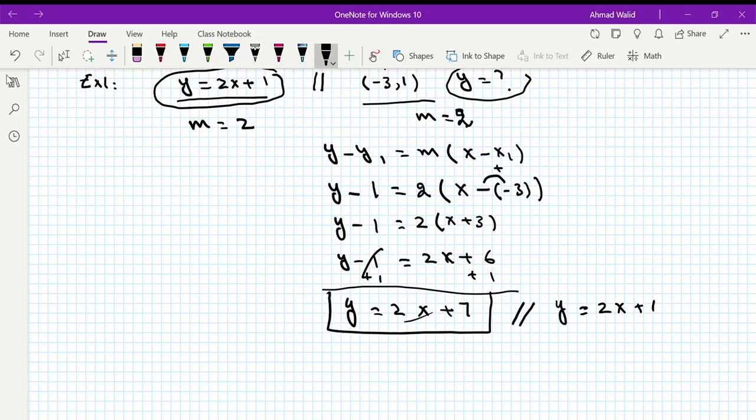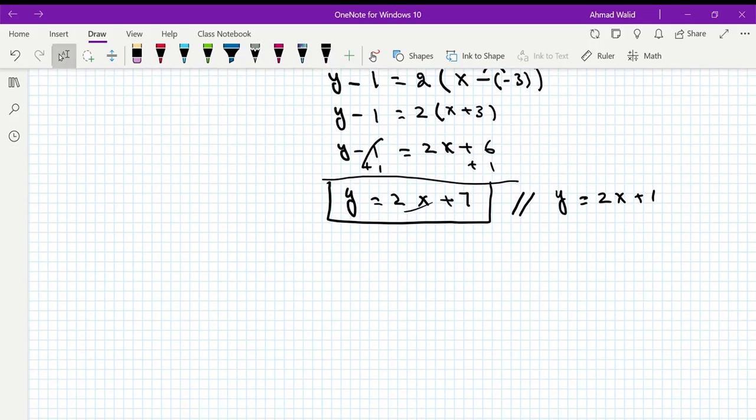If they are in different planes, maybe they are not parallel, but they never meet each other. As long as two lines are on the same plane, on the same surface, and they don't meet each other, we call them parallel.